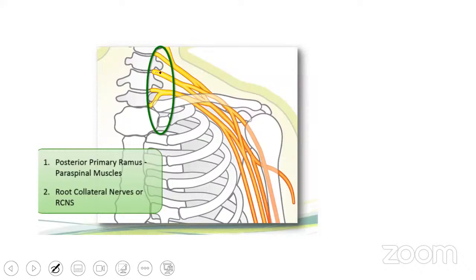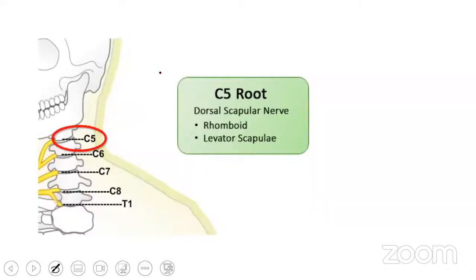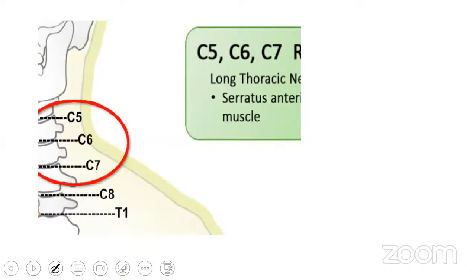And I'll be dealing only with the upper limb in this class. The dorsal scapular nerve supplies the rhomboids and the levator scapulae. This is a C5 root collateral nerve. Once again, the long thoracic nerve supplies the serratus anterior muscle from the roots.